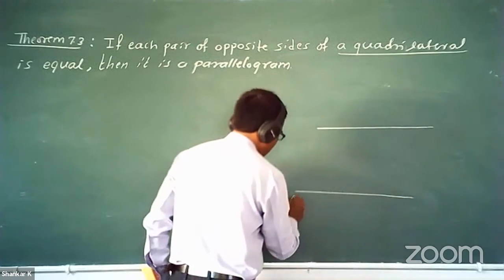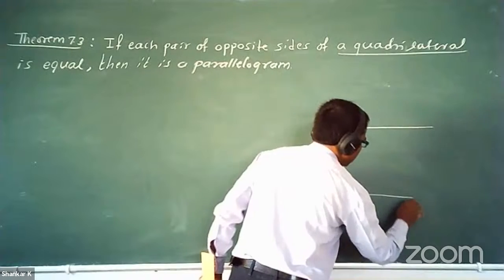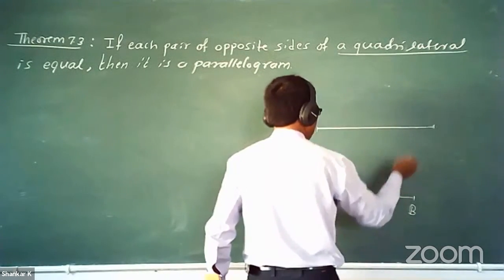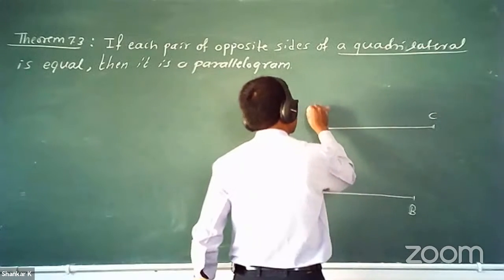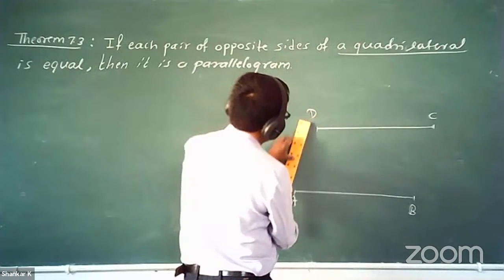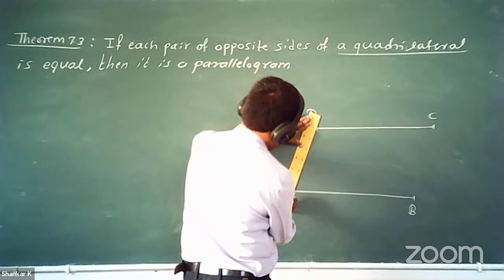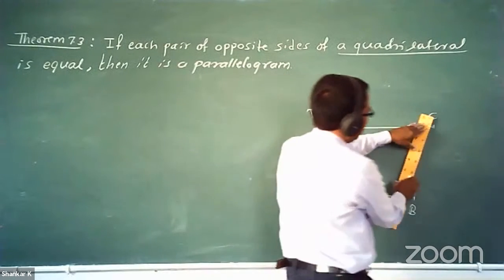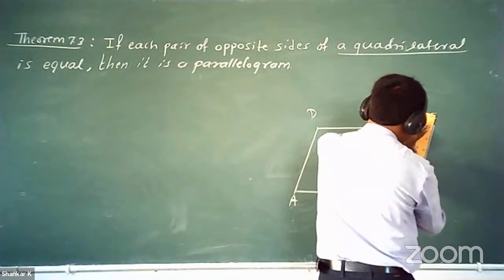I have drawn AB and CD with the same length, and AD and BC also.